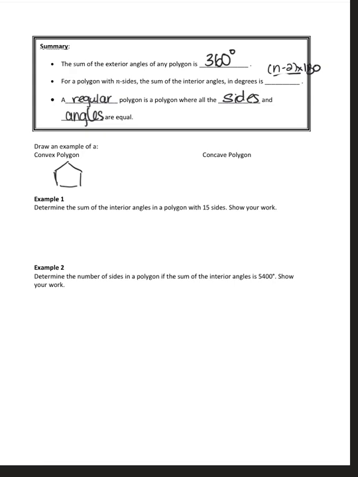Whereas in a concave polygon, I could have something like this, where this is still a pentagon because I still have 1, 2, 3, 4, 5 sides, okay? So we need to be very understanding of these, because if I was in my convex polygon and this was my vertex, actually, let's make this one my vertex, I could draw my triangle.